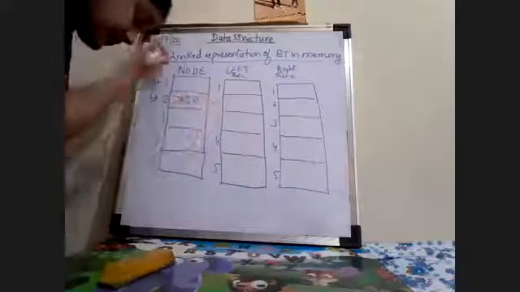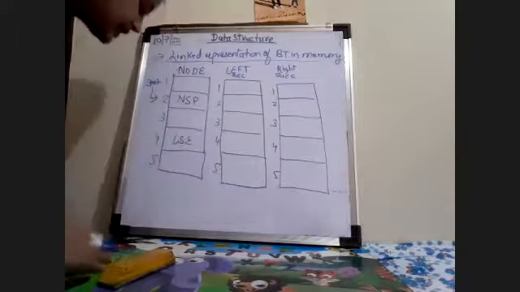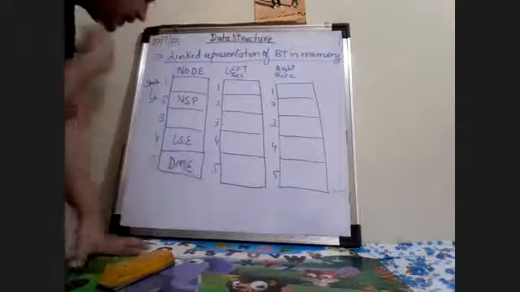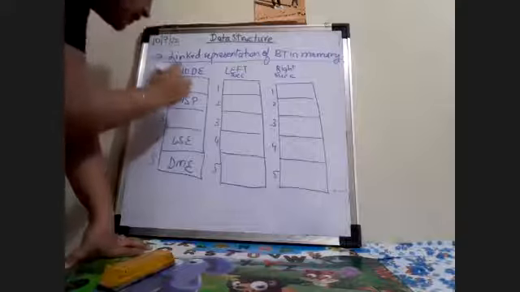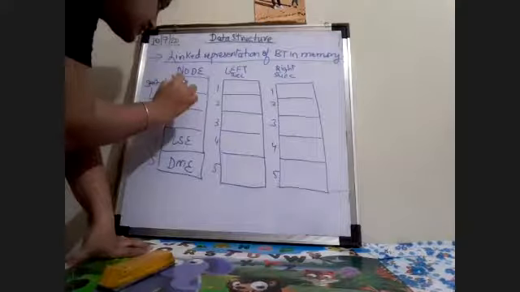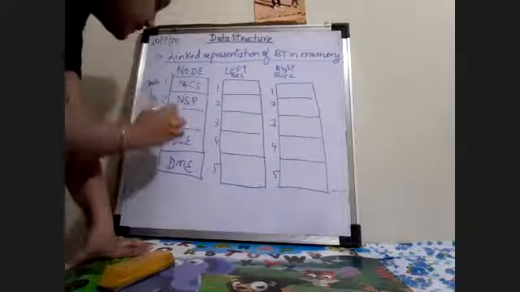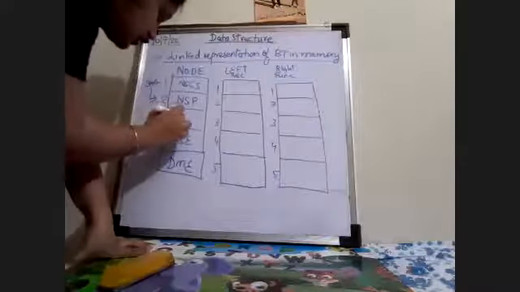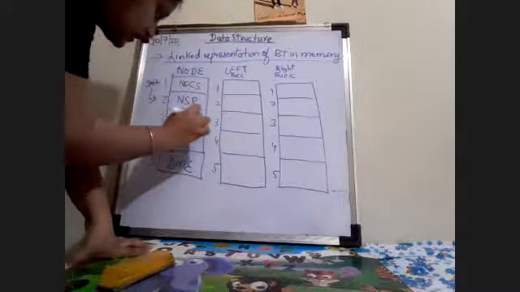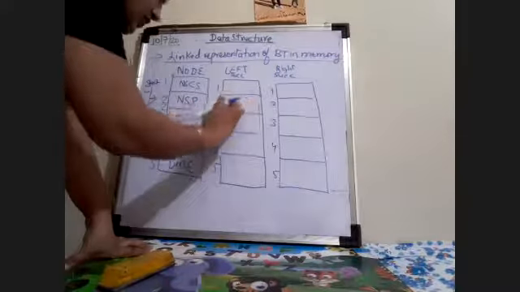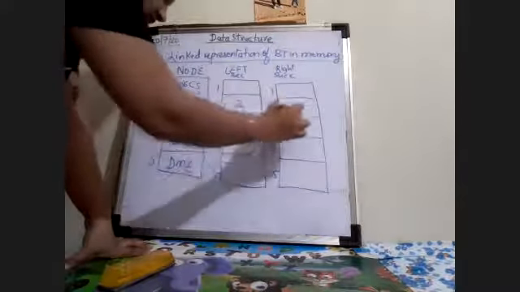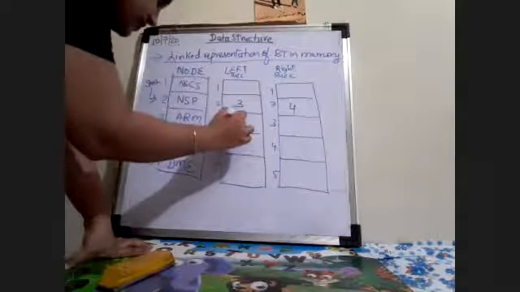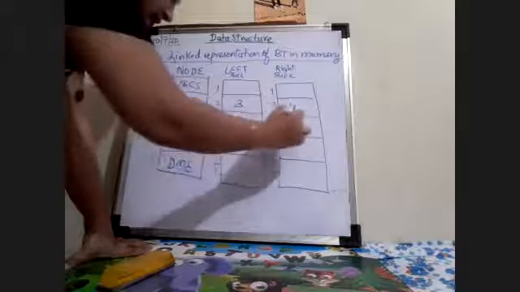LST. I'm taking a very small example. So this is number 3, number 4. No, number 3 is number 5 to the right.